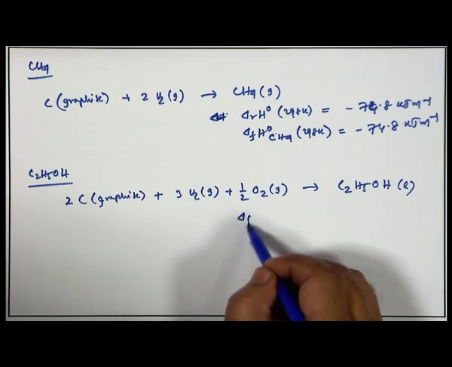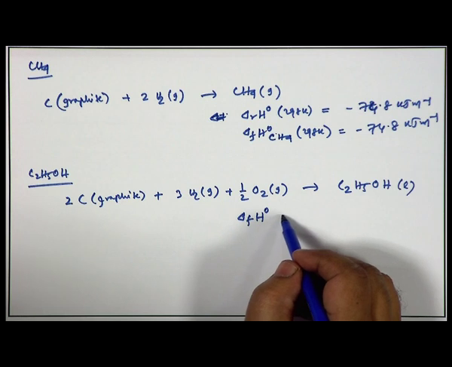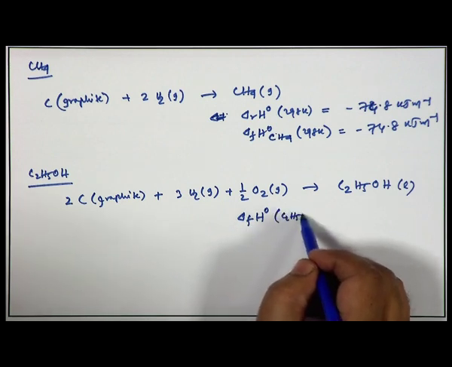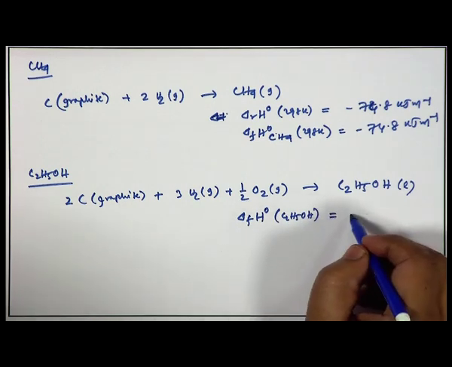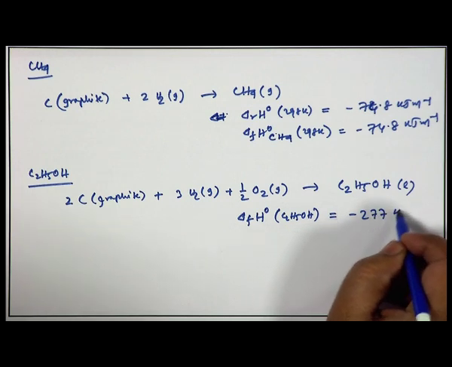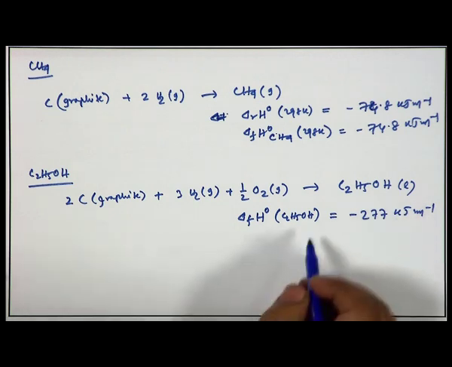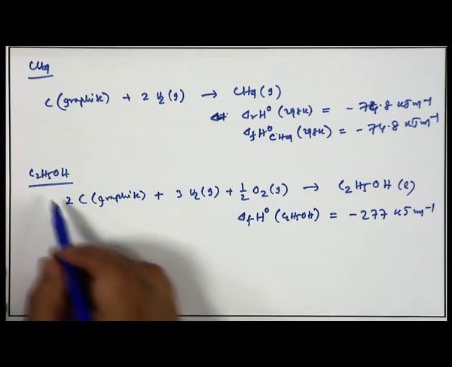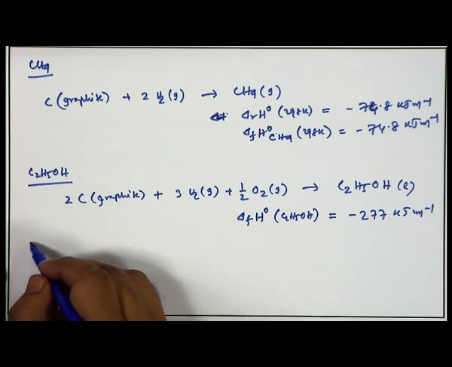So, the reaction enthalpy of this particular reaction would be equal to the enthalpy of formation of ethanol, and the value is in kilojoule per mole. So, this is how we can define the heat of formation or enthalpy of formation.